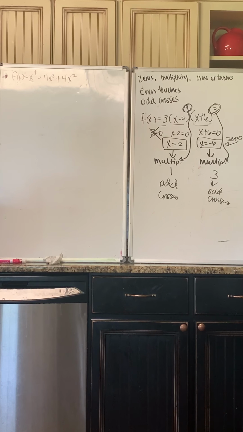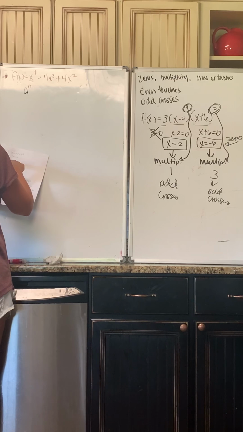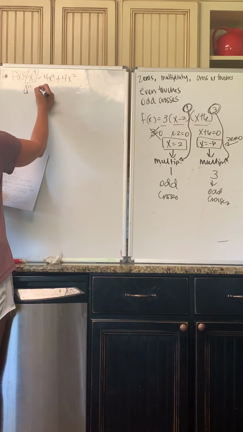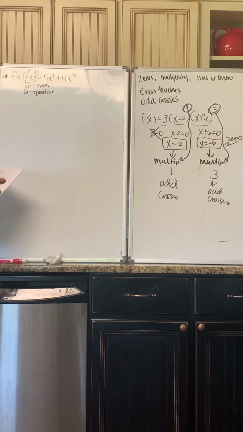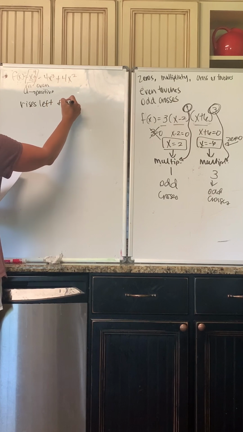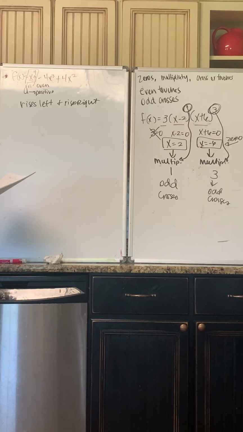Now, a to the n. In this case, we're looking right here. A is positive. N is even. So if a is positive and n is even, it rises left and rises right.